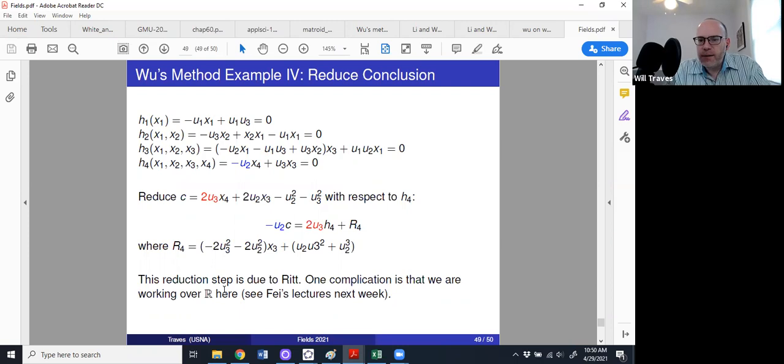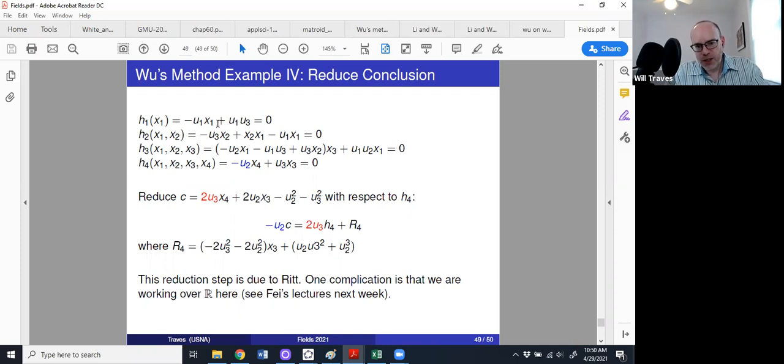So we'd like to reduce the conclusion against each of these hypothesis polynomials. And essentially the idea is you're going to use H4 to get rid of the X4 in the conclusion, H3 to get rid of the X3 in the conclusion, etc. H2 and H1, they're all going to get rid of the X's.